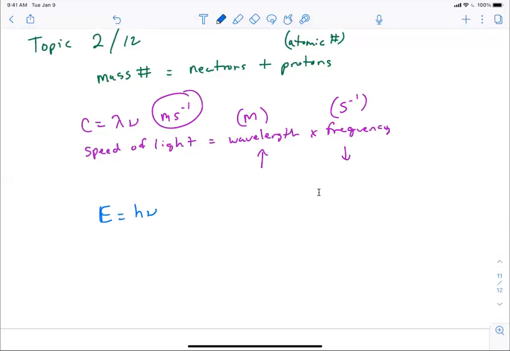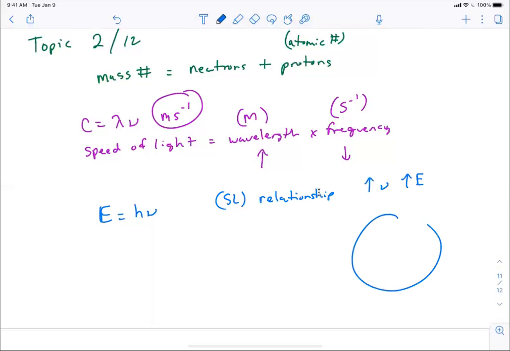Now, let me give you a caveat there. For SL, you just have to know the relationship, meaning that when frequency increases, energy increases. So you just have to know the relationship of, if I have a higher energy, I have a higher frequency, which is a shorter wavelength. If I have a long wavelength, then I have a low frequency, then I have a low energy.